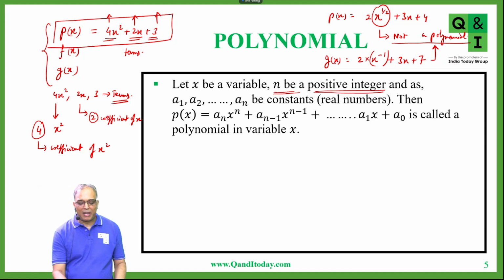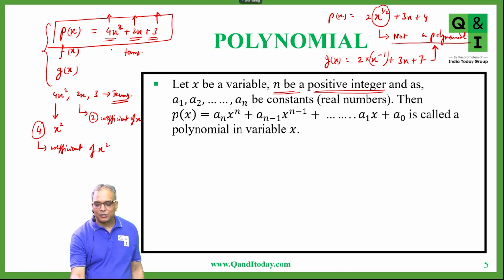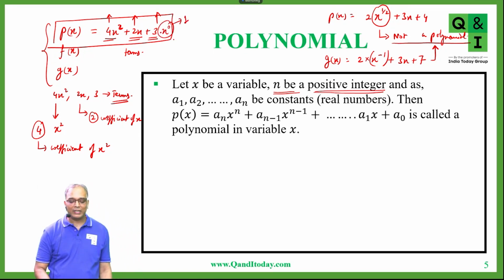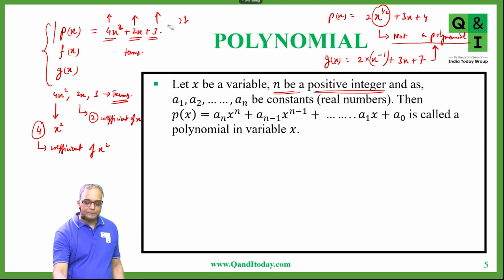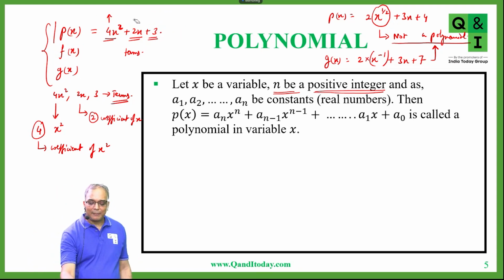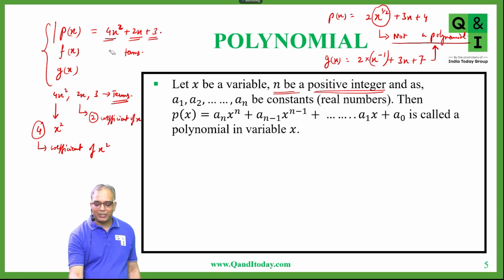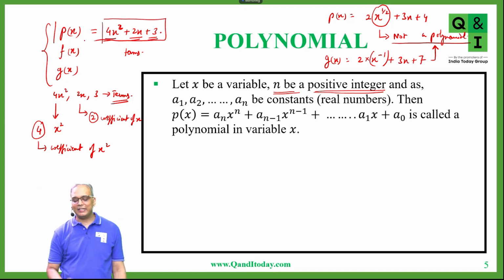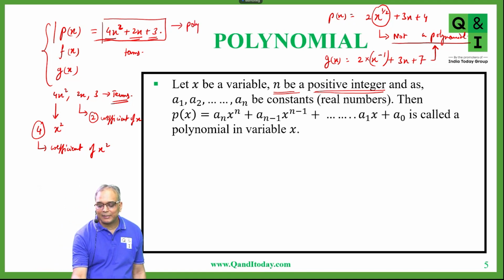So here the power of x is 2. Here the power of x is 1 and there is no x term here, so this can be written as x to the power 0, because x to the power 0 is equal to 1. Right? So if you see here, the power of x in the polynomial is a positive integer in each of the terms. So that's why we will call this algebraic expression a polynomial.